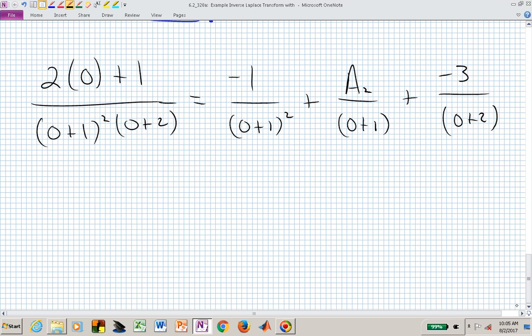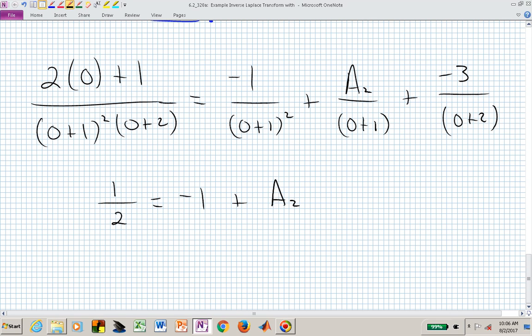We should see that on the left-hand side, upstairs, we're just left with 1. Downstairs, we have 1 squared times 2, or 2. So on the left, we have 1/2. On the right, we have minus 1 divided by 1, or minus 1. A sub 2, conveniently enough, is divided by 1, so that's now a sub 2.